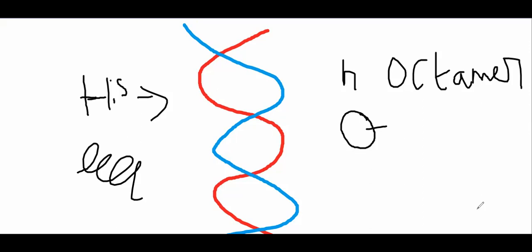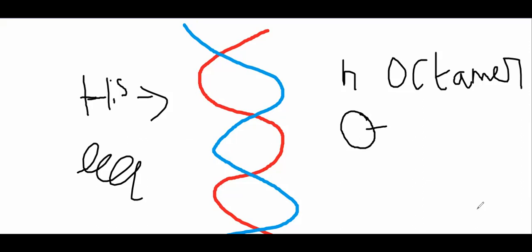Each human cell contains approximately 2 meters of DNA if stretched end to end. However, the nucleus of a human cell is only about 6 micrometers in diameter. Therefore, the DNA needs to be condensed in order to fit the nucleus.